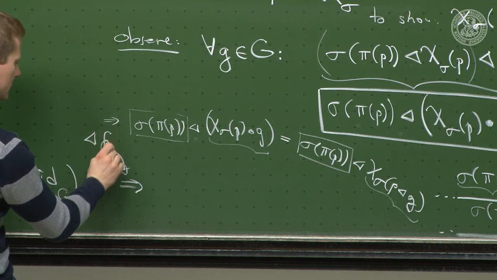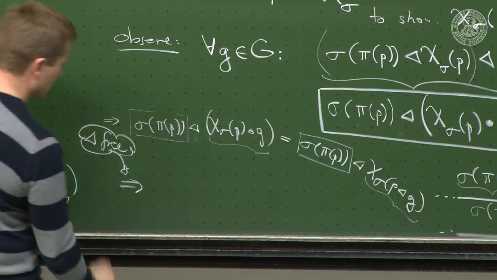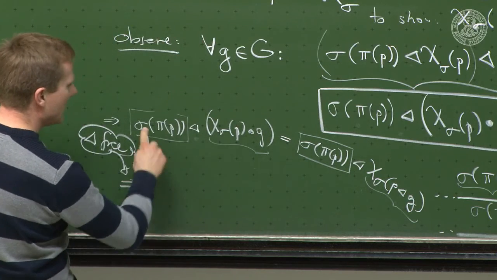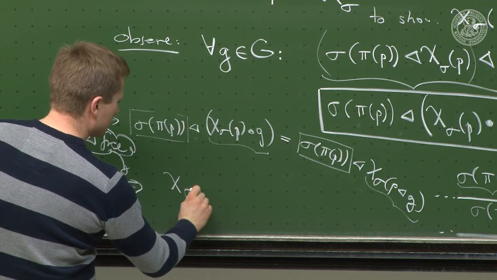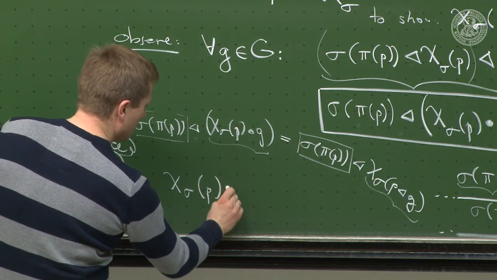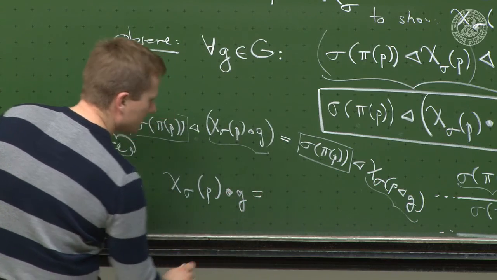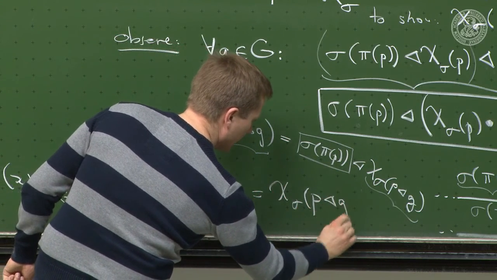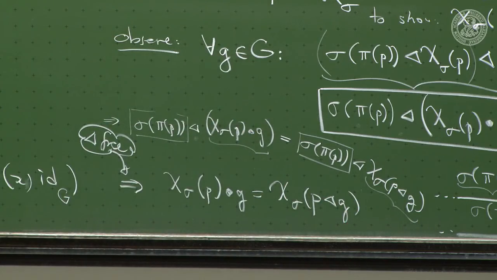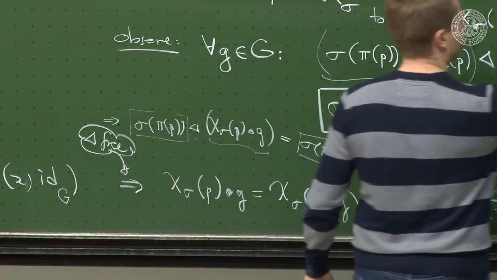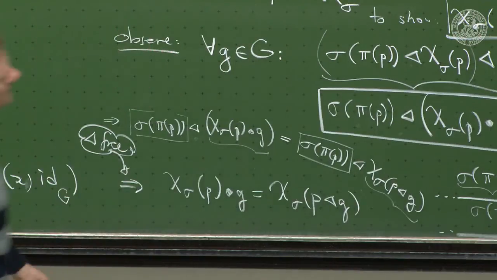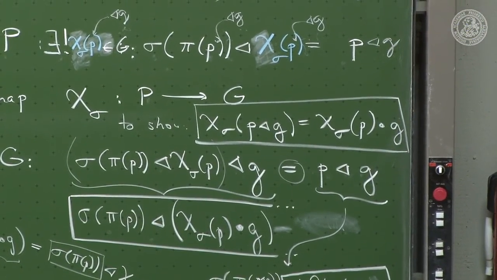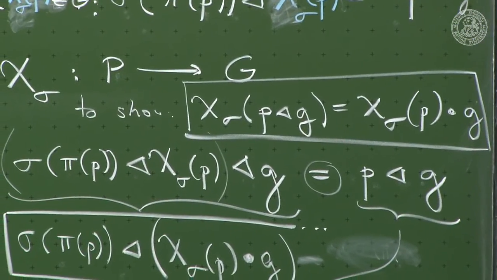Just use the definition again. That means that the group element chi sigma of P blob G ought to be chi sigma of P, action of G on the right, and this is what I wanted to show. So this is something we needed.